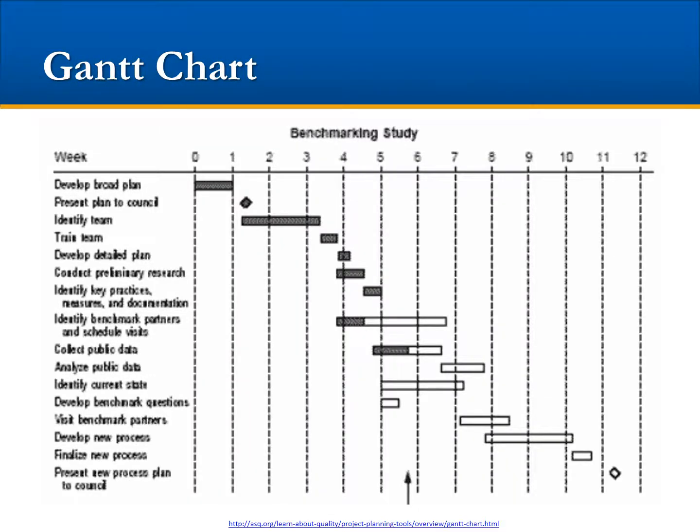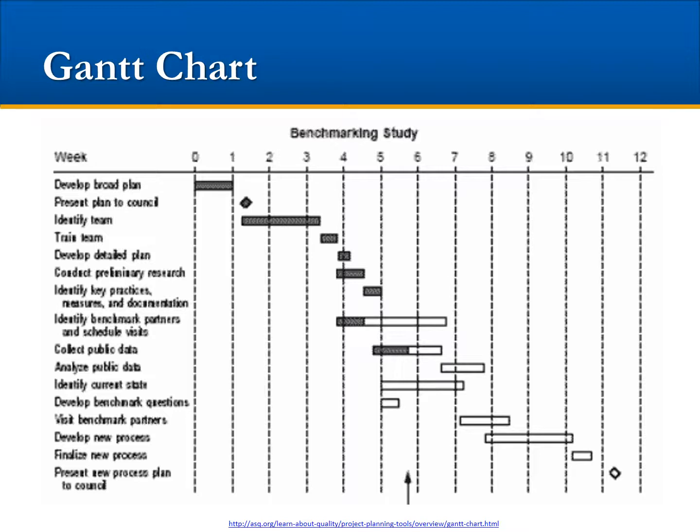A Gantt chart is a type of chart used by project managers and others in planning and control to display planned work and targets as well as work that has been completed. The figure shows a Gantt chart used to plan a benchmarking study. 12 weeks are indicated on the timeline. There are 2 milestone events. What are they?